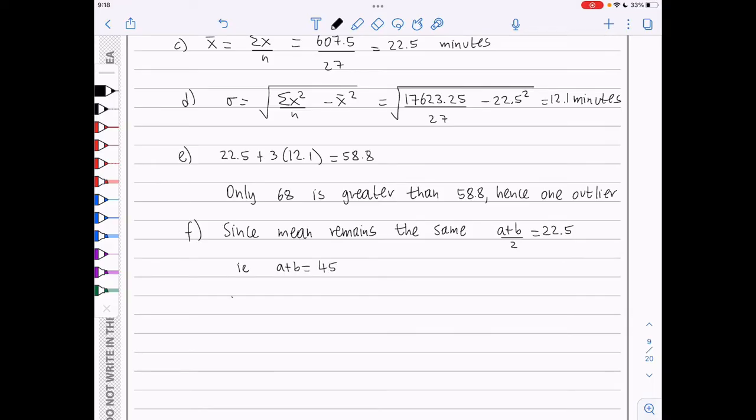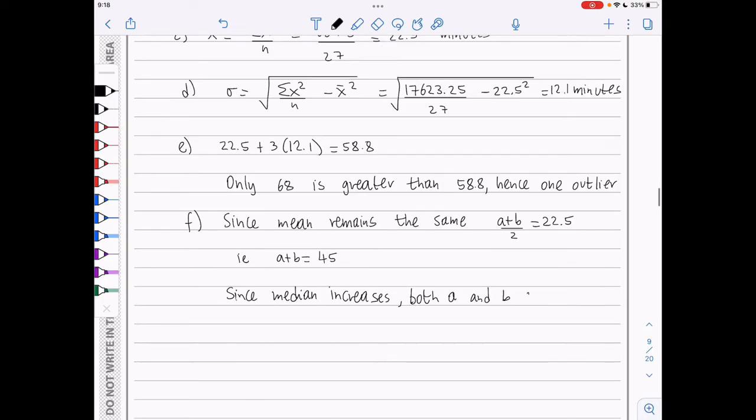And then since the median increases, they must be above the median. Then both A and B are greater than the median in order to push the median to go up, and the median was found to be 20.